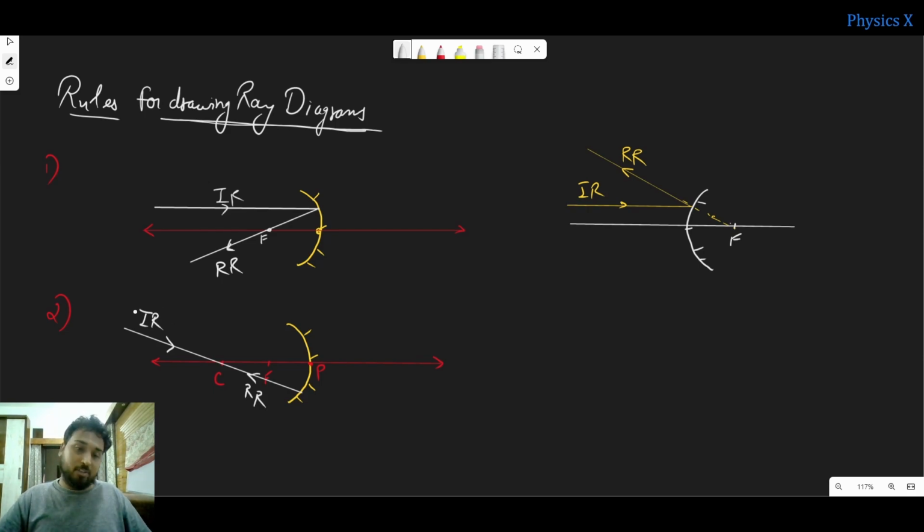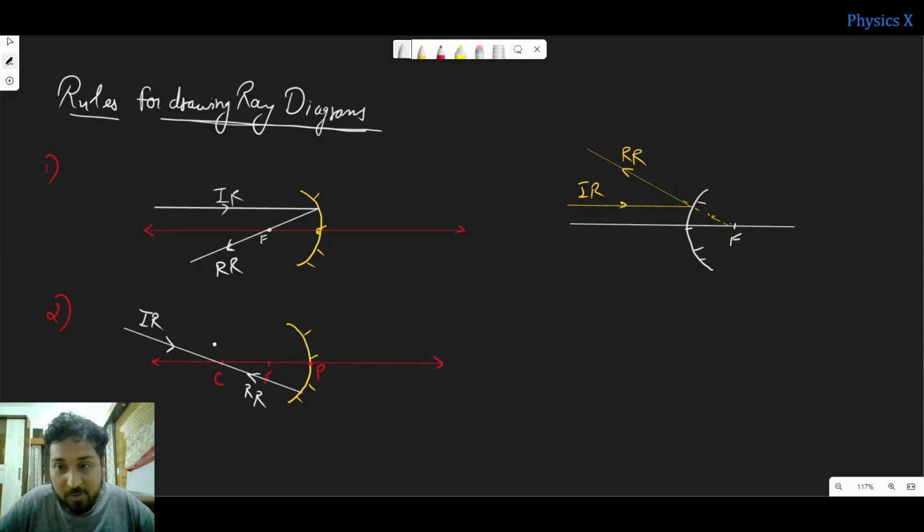So if the incident ray passes through the center of curvature and hits the mirror, then it will pass back to the center of curvature. That means the reflected ray will exactly follow the path of the incident ray. It will be retraced back.